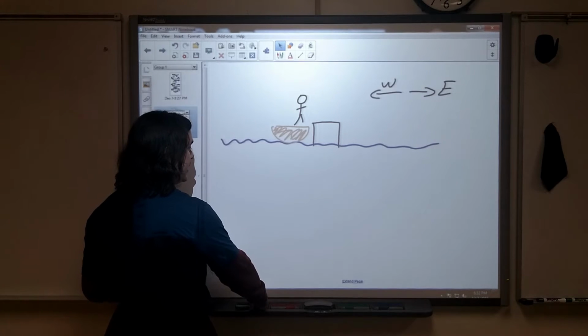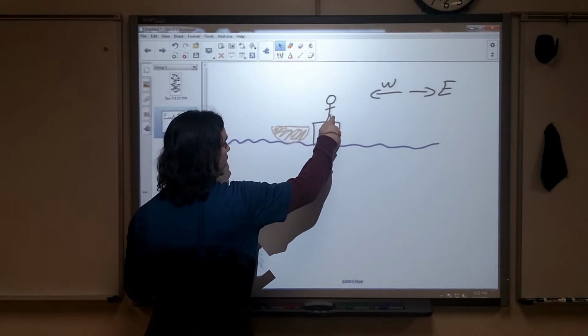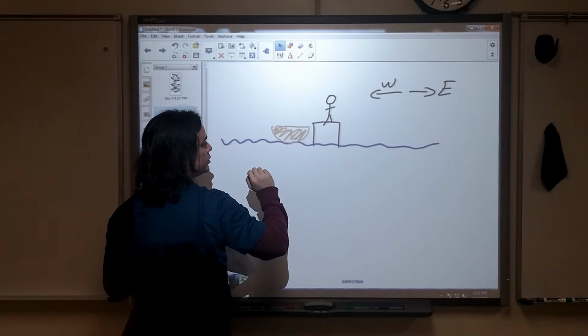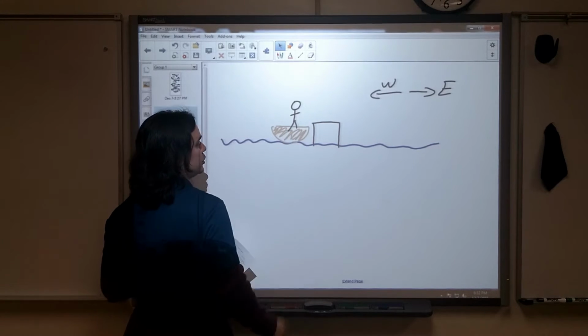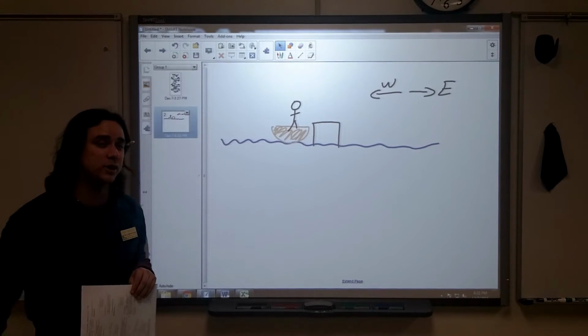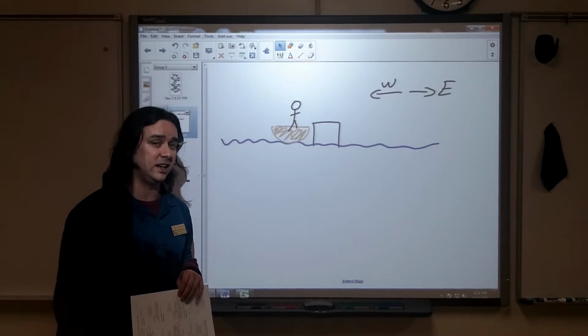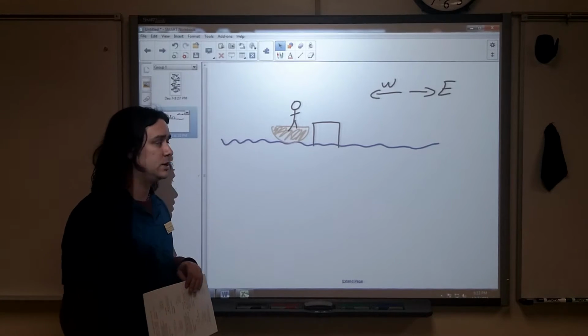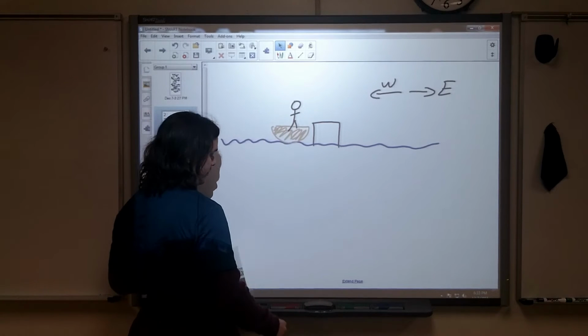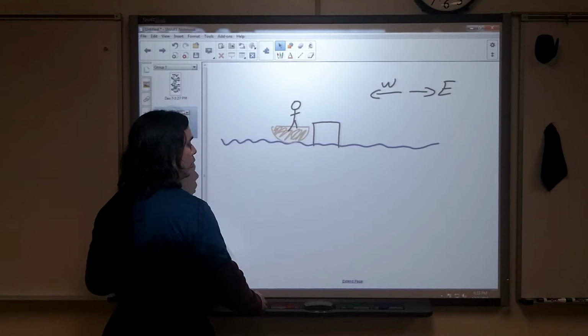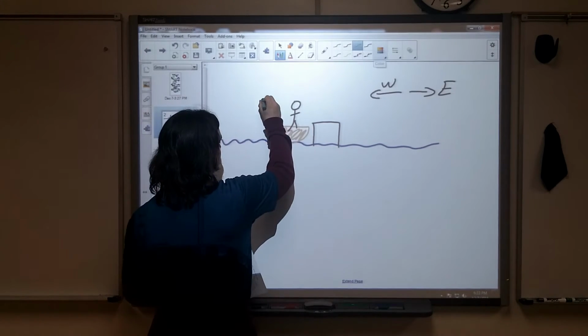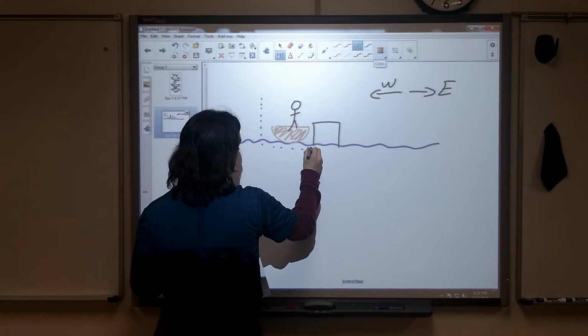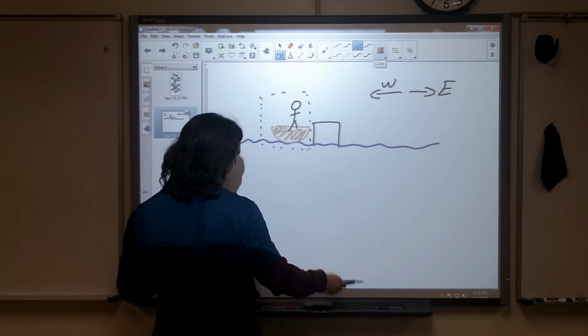What we've got is we start off with two objects, the fisherman and the boat, and we end with the fisherman inside the boat. This is actually an example of a perfectly inelastic collision because hopefully the fisherman's going to stay in the boat and then they are both going to move over. So what we're going to do is define a system of the fisherman and the boat.